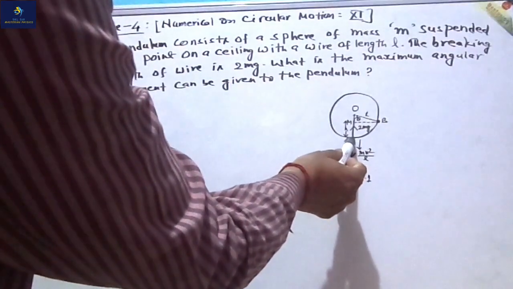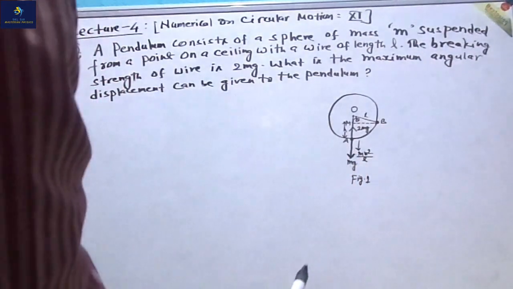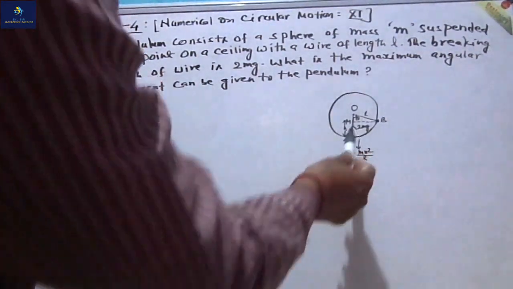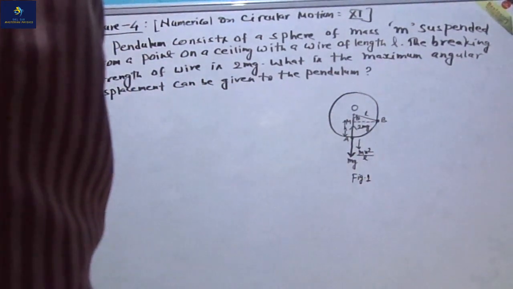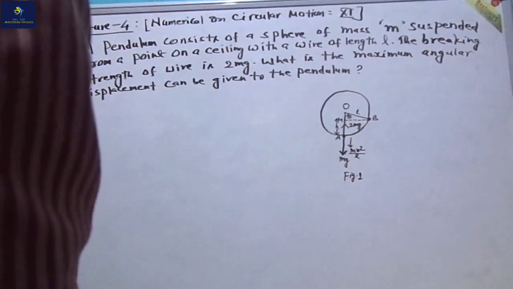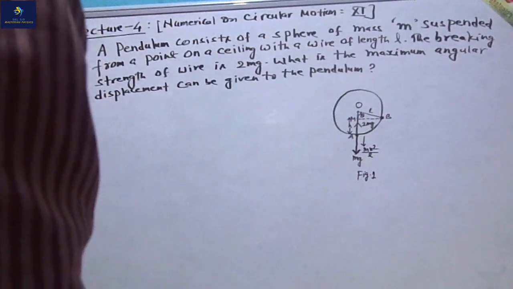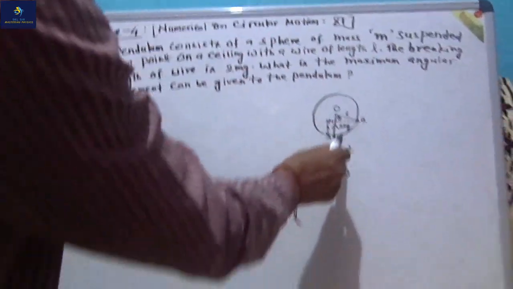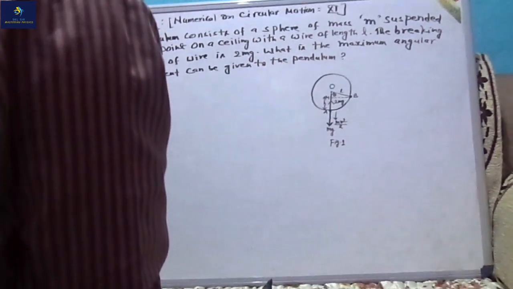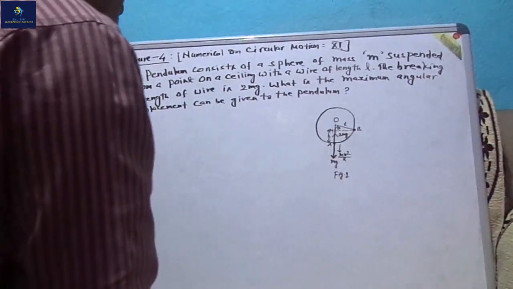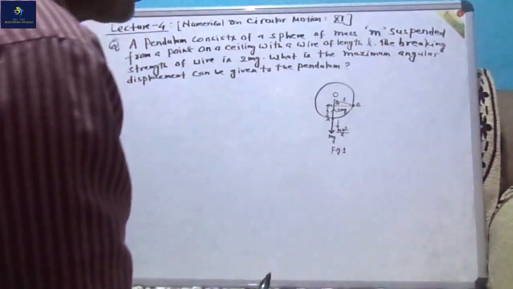This is initially at point A, and the breaking strength of this string is 2 mg, given in the question. Then what is the maximum displacement that can be given to the pendulum? That we have to find.